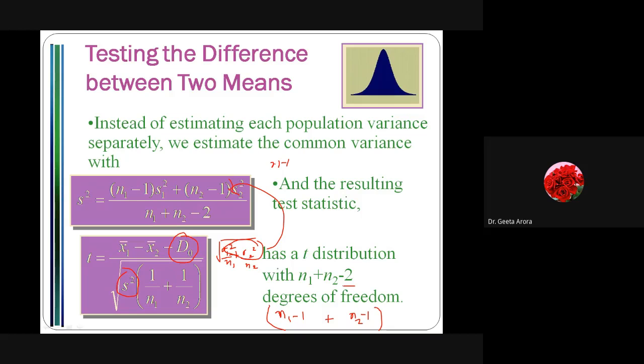So when we are talking about the t-test for the difference of two means, the degree of freedom is n1 plus n2 minus 2. And all these things are very important when an MCQ has to be asked. Correct? And sometimes examiners also do this type of thing, that while providing the t standard value, instead of providing one value, they provide a bunch of values, and it is the student's responsibility to choose the correct one.